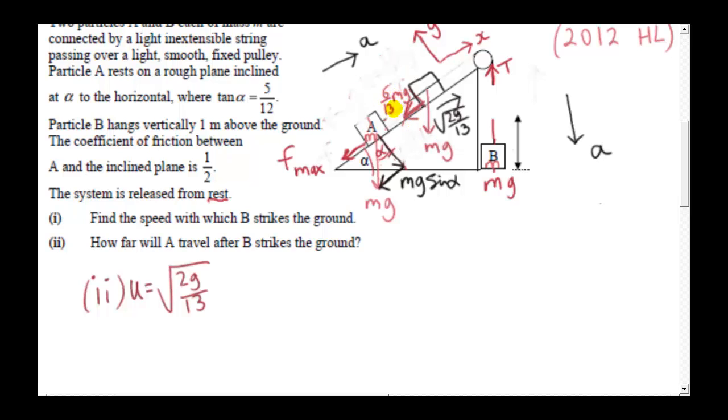So we saw what the friction force is. If it's on the verge of moving or moving, the maximum friction force acting is mu R, and that was 6/13 mg for this mass. So there are just two forces acting on it after B strikes the ground. Okay, the string becomes slack. So its initial speed is the same as the speed of B just before it strikes the ground.